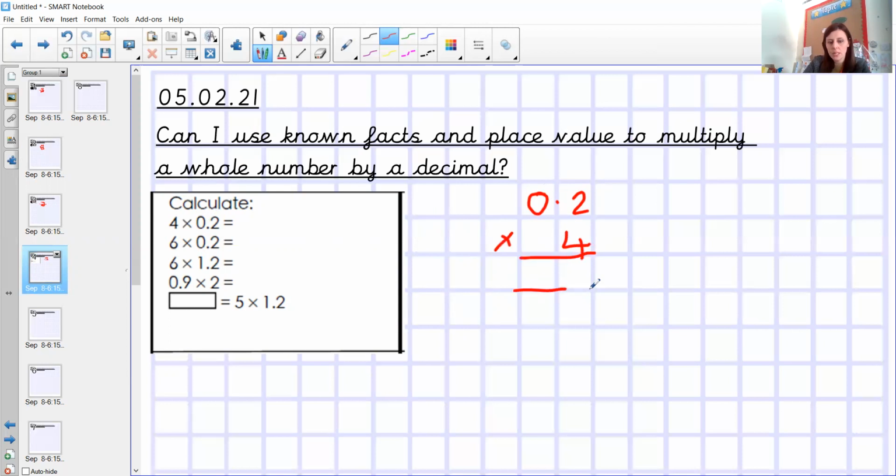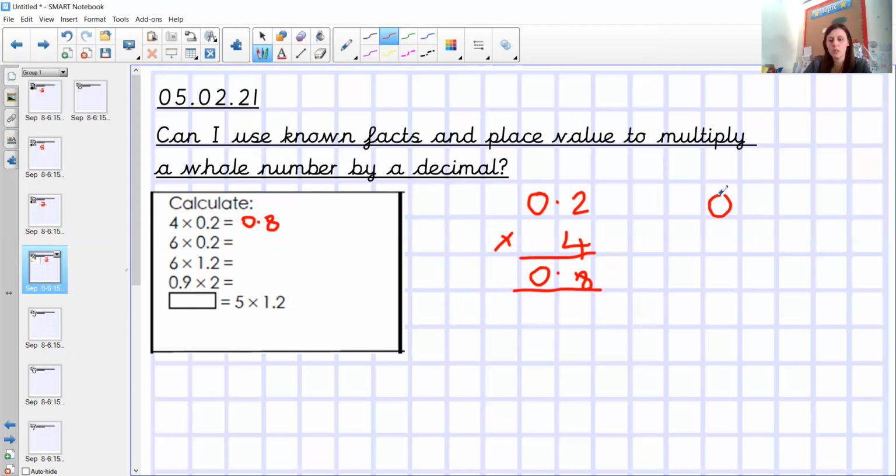Not forgetting those steps that I said previously, lining up that decimal point. 4 multiplied by 2 gives me 8. 0 multiplied by 4 gives me 0. So my answer here that I would write is 0.8. We'll have a look at one more together and then you can have a go on your own.